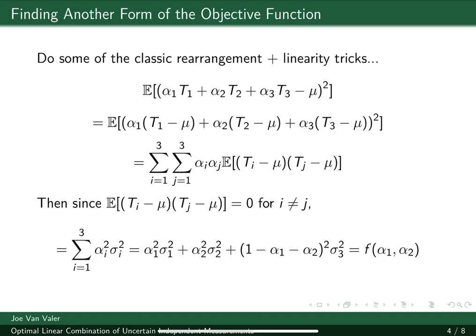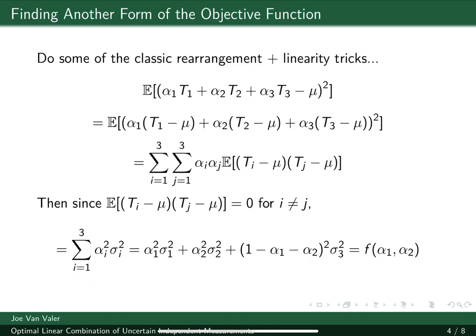And this is actually simply equivalent to the covariance of Ti and Tj. Okay, so because we know this is 0 by the fact that they're independent for i not equal to j, that means those terms cancel, so we're left with the cases where j equals i, which ends up looking like this.